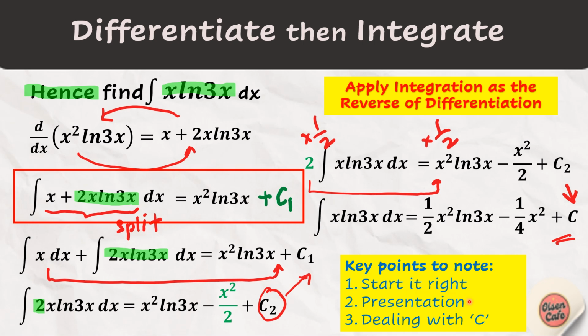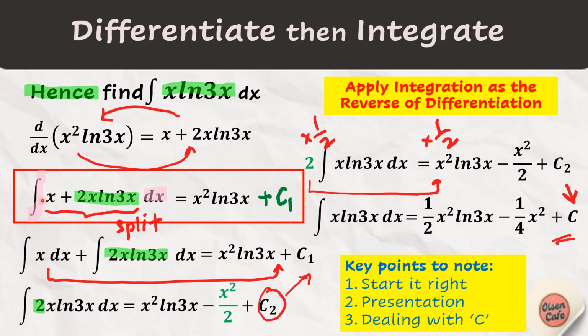Now the second point to take note of is the presentation, and this is a part where many students make presentation errors. Remember that the integral always comes together with the dx. This dx simply means that I am going to integrate this expression with respect to x.